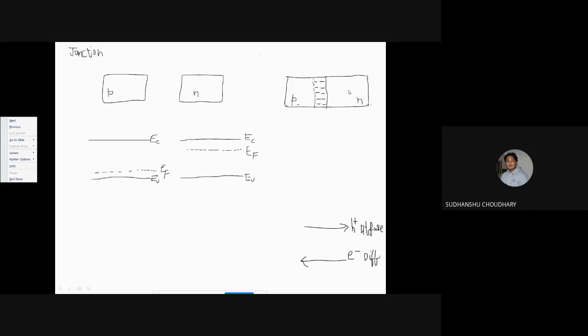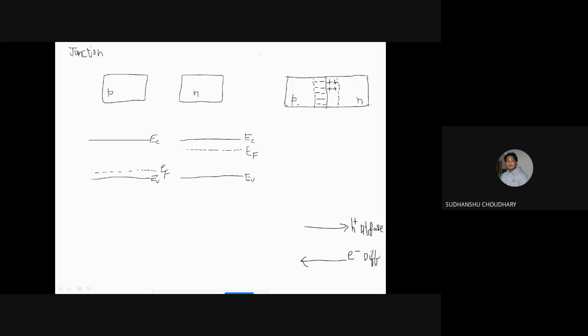Similarly, when electrons leave the N-type region and move to the P-type region, there is again a charge imbalance, so to compensate, they leave behind ionized donor impurities.